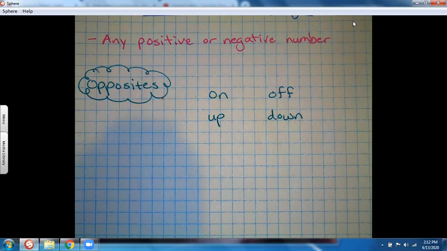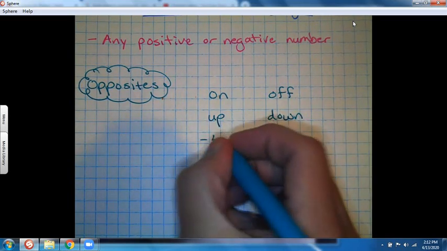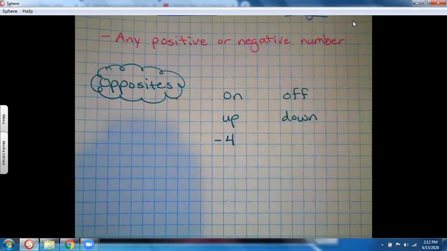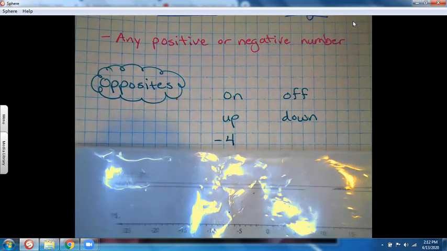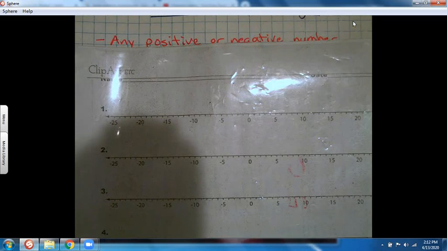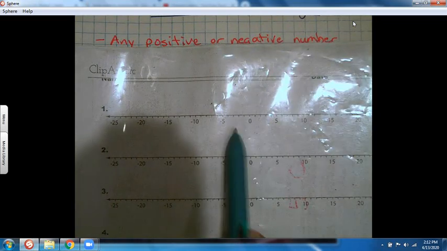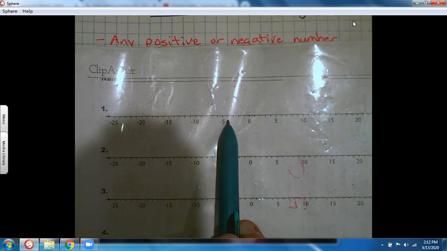So if I say -4, and if we look at a number line, here's a number line without the shiny on it. There it goes. A little too dark, I need to turn up the brightness in here. So if we're at -4, the opposite of that is the number on the other side of 0, the same distance from 0.